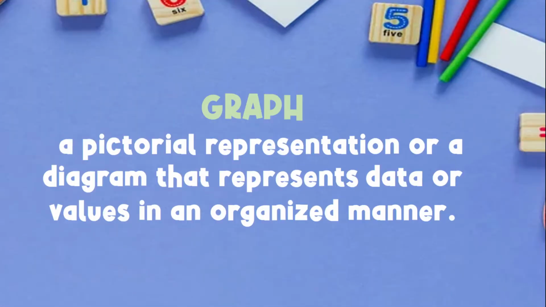With a little splash of colors, we can easily present data collected in a way that is more visually comprehensible at a single glance. From this to this. Today, you and I will analyze and create different types of graphs in color. A graph is a pictorial representation or a diagram that represents data or values in an organized manner.